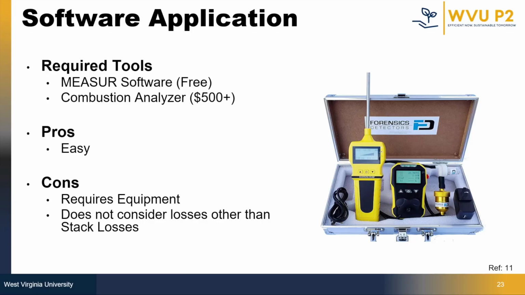These readings are then entered into a stack loss calculator to estimate efficiency. This method is more accurate but comes with a cost. A basic analyzer starts around $500, while high accuracy models with a calibration certificate can cost $5,000 or more. It is worth noting that this method doesn't account for all losses. Radiation, convection, and blowdown loss can add around 2 to 7% efficiency loss.